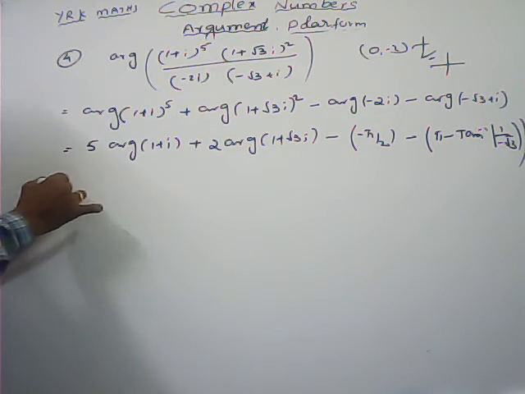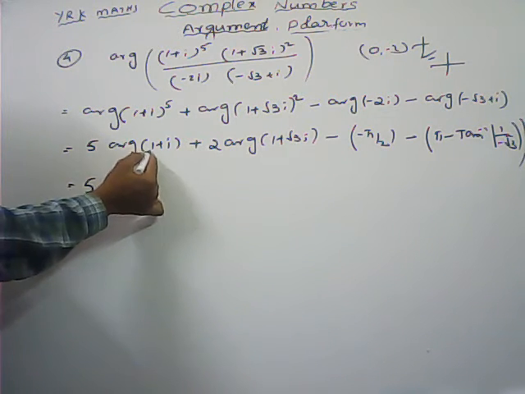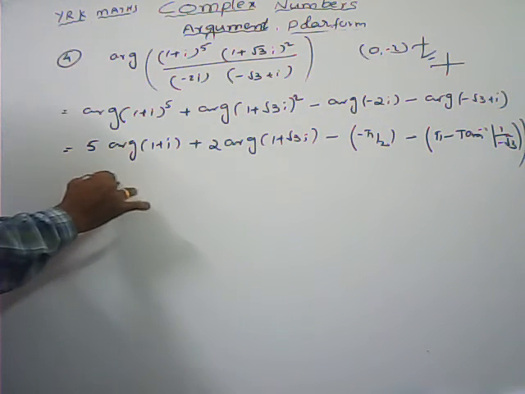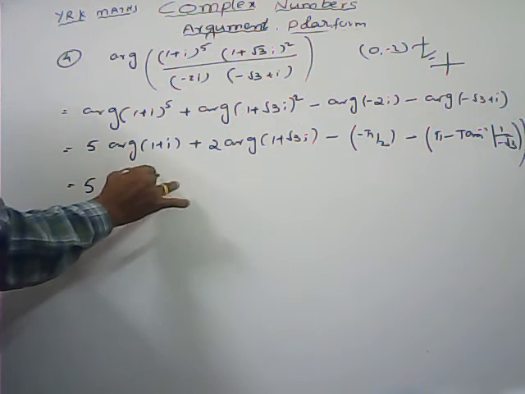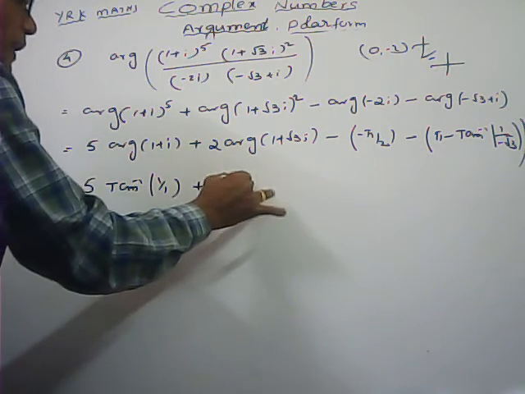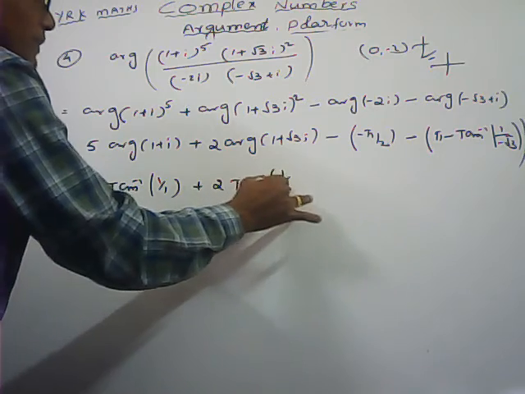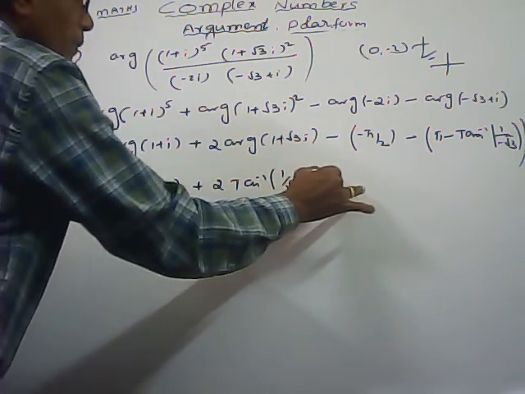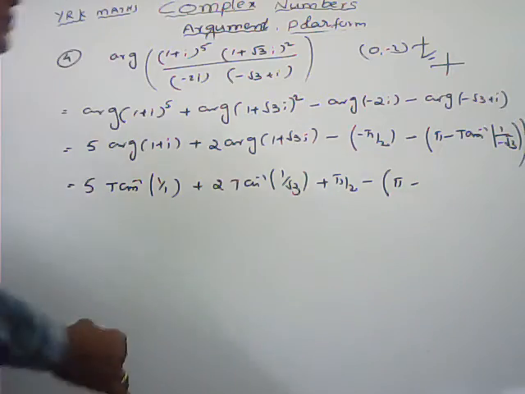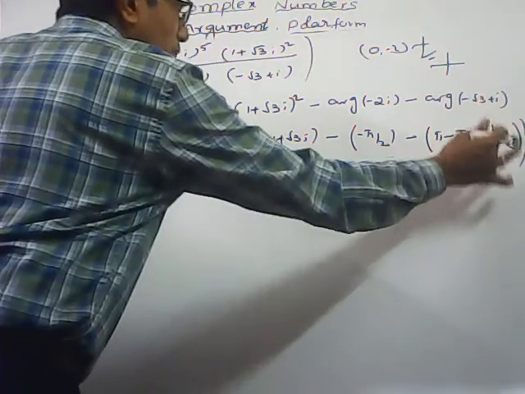Now here, 5 into, both the coordinates are positive, real part is positive, imaginary part also positive. So theta is equal to alpha, where alpha is equal to tan inverse y by x, plus 2 into, here also tan inverse y by x, plus pi by 2 minus pi minus, here either positive or negative we can consider the positive value only.